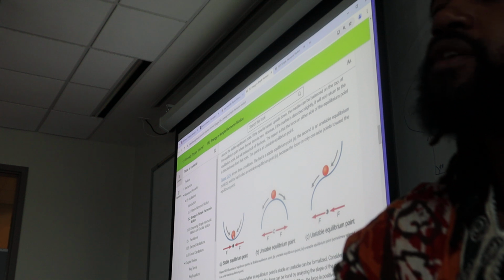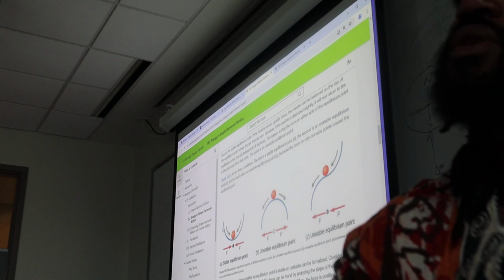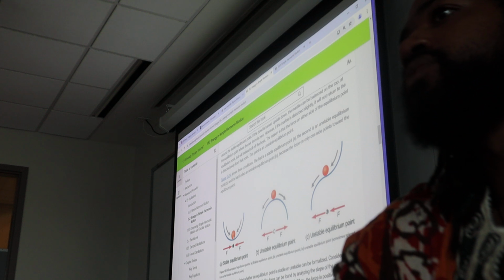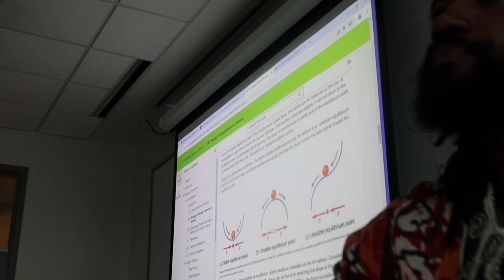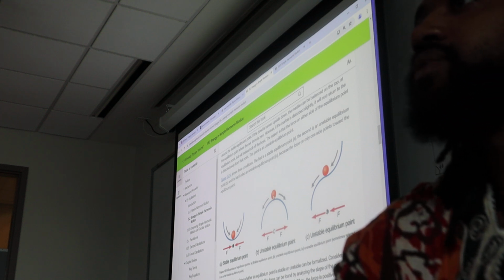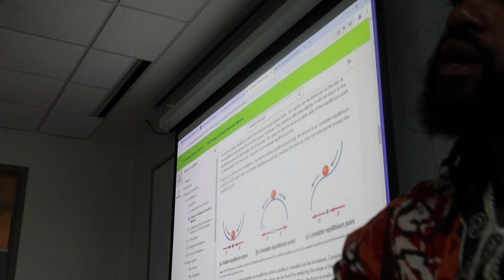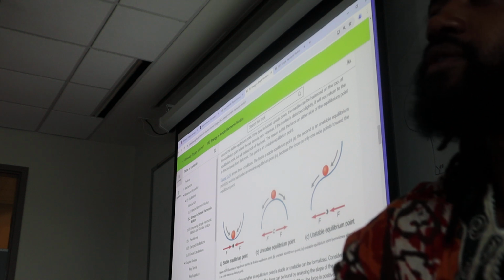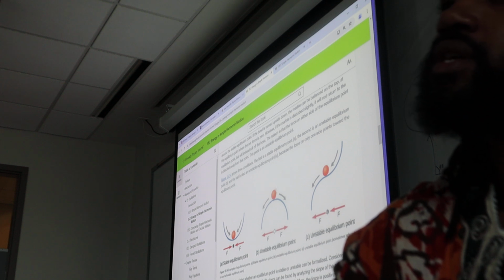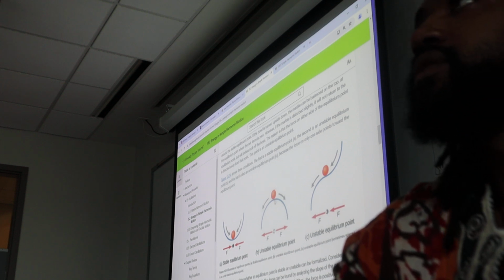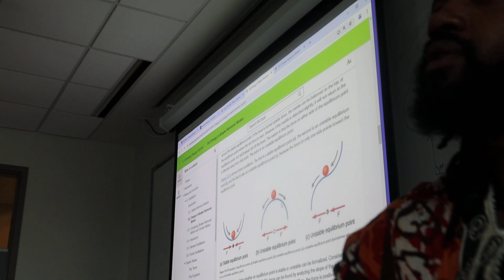If I move the bowl, it's always going to want to go back to the equilibrium point. But then this one's saying equilibrium is still important, but because of the conditions, this is going away from the equilibrium point.